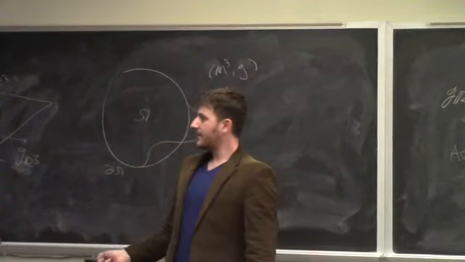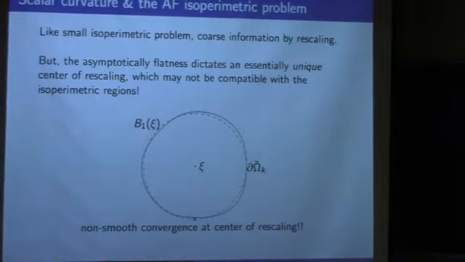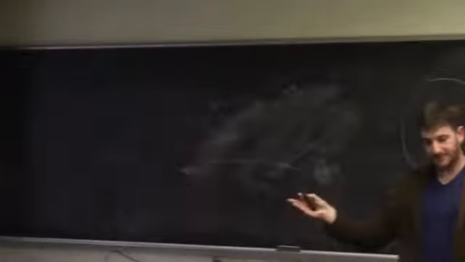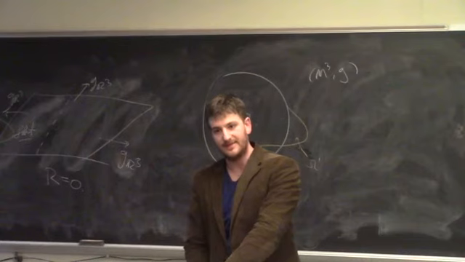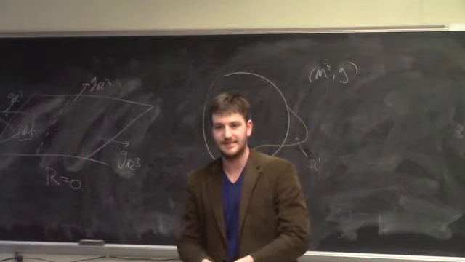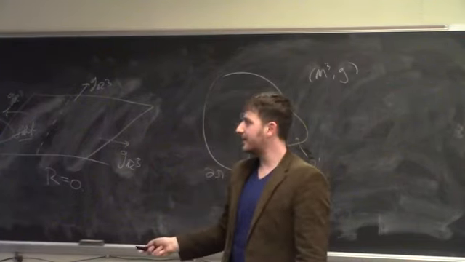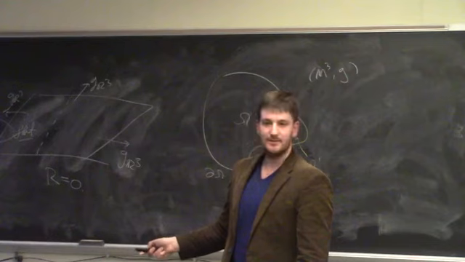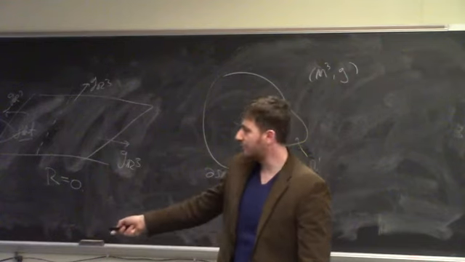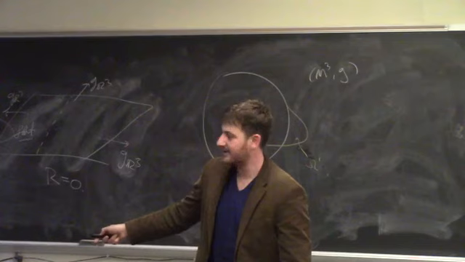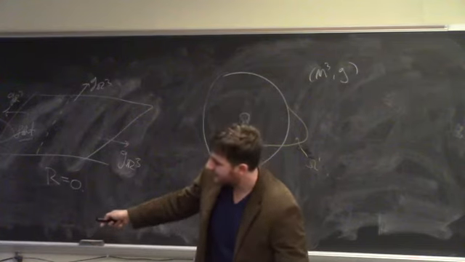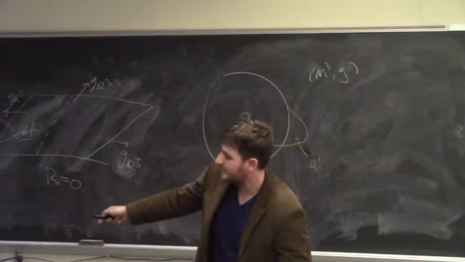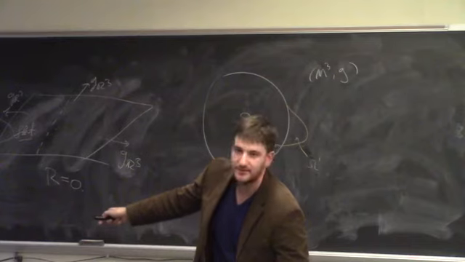It's still true that when you rescale the larger and larger isoperimetric regions, you become Euclidean, except at the center of rescaling where all this craziness is happening. But now the Euclidean isoperimetric region may not play nice. You may not be inside, or even worse, the boundary may look like it's going through this point, which is supposed to be the center where I'm rescaling.